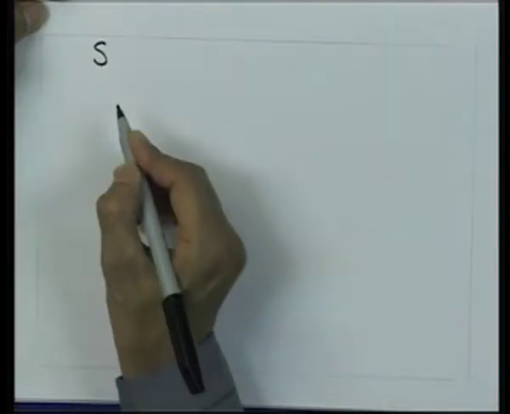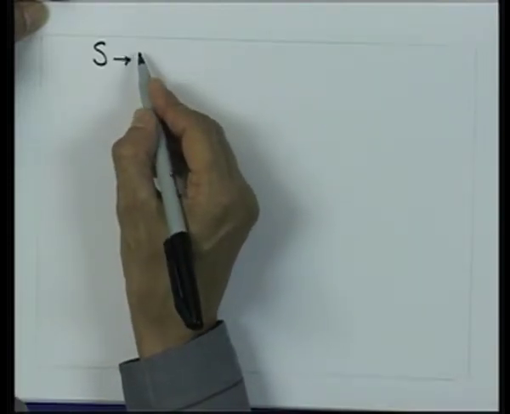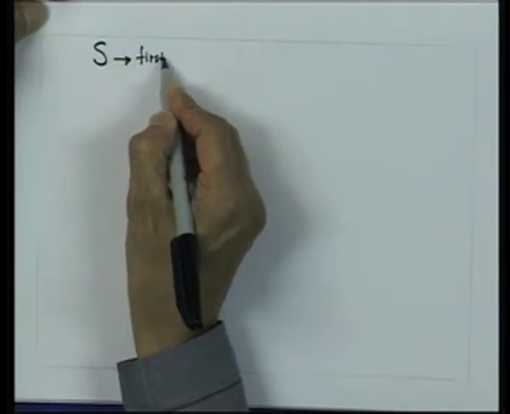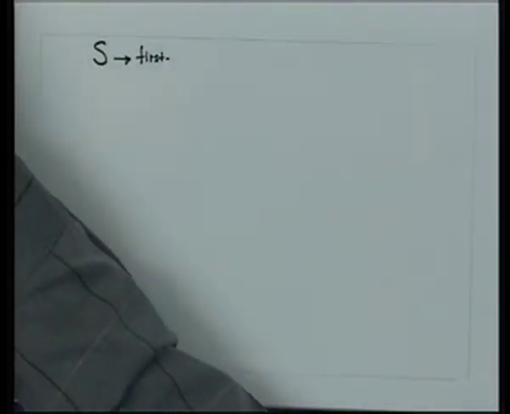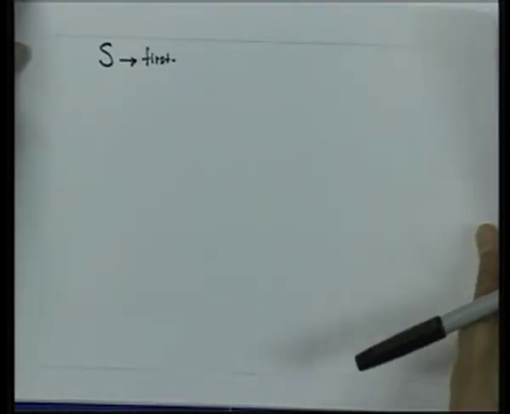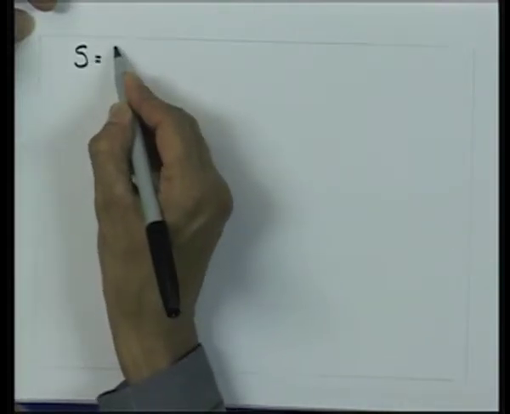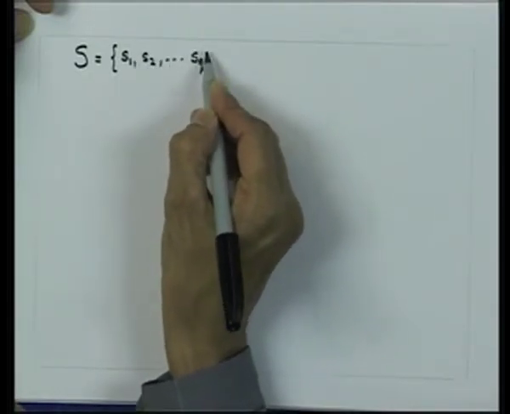Okay. So, if I have a Markov source S, let me define an mth order Markov source consisting of source symbols S1, S2 up to SQ.